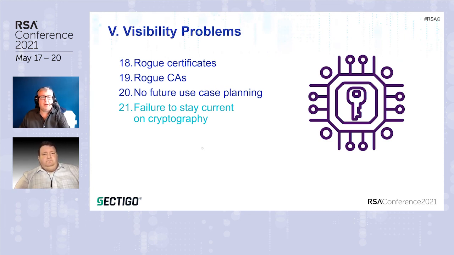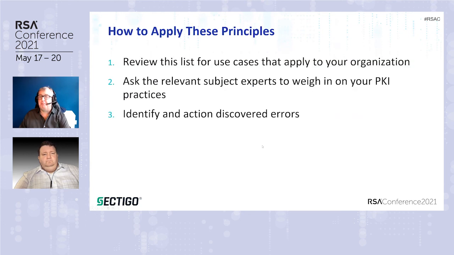So the final point, that's the 21. So what are you going to do now? You have this presentation. It's also available recorded, so you can go back and look at it again. This is what we recommend you do. First of all, review this list. Go back and look down the list of 21. That's why we gave you a specific list, why we organized it. And think about which one of these potentially applies to your organization.